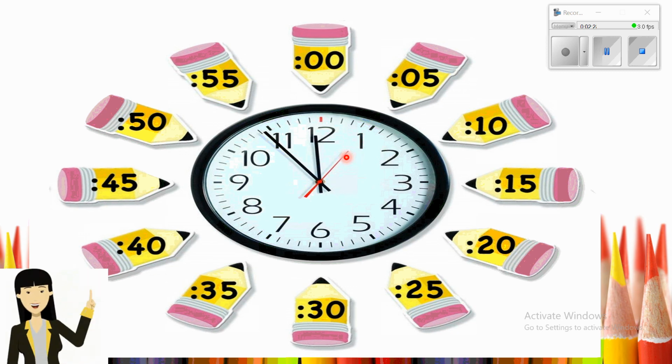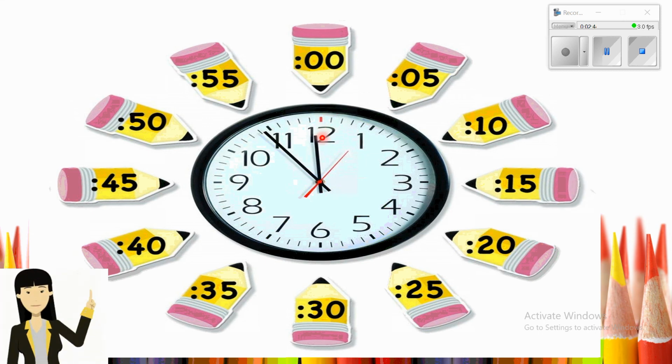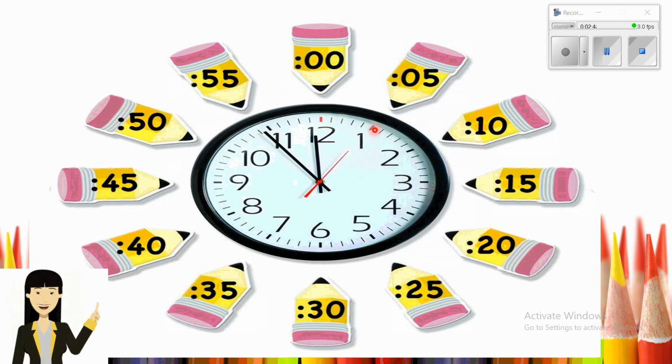One hour is 60 minutes. When I'm moving from 12 to 1 with the minute hand, it's 5 minutes. So here I'm skipping by 5.